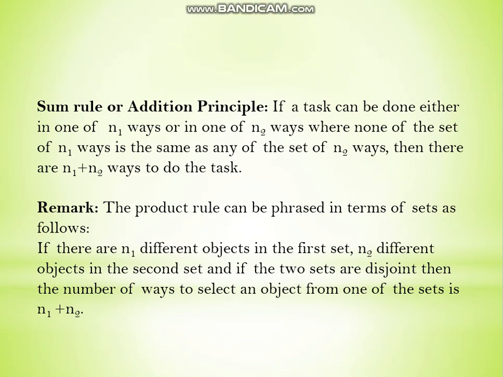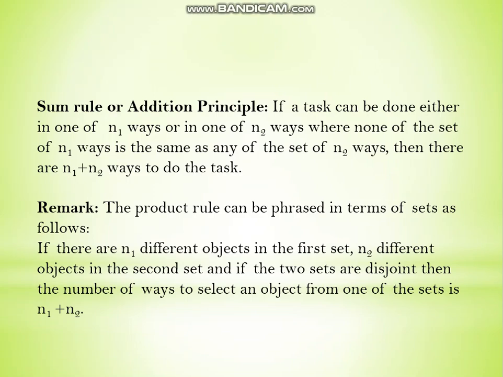We are either considering the n1 ways or the n2 ways to do the task, where none of the n1 ways is the same as any of the n2 ways, then there are n1 plus n2 ways to do the task. Here it is n1 plus n2 when we have the OR case: either you do the first task or the second task.